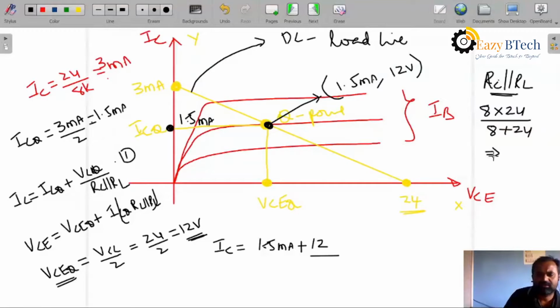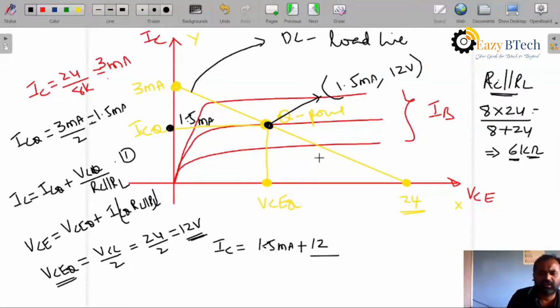This value, RC parallel to RL, is approximately 6 kilo ohm. The kilo cancels with the 10 power 6, and you will get 6 kilo ohm.